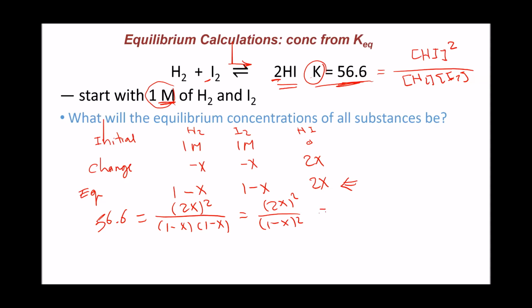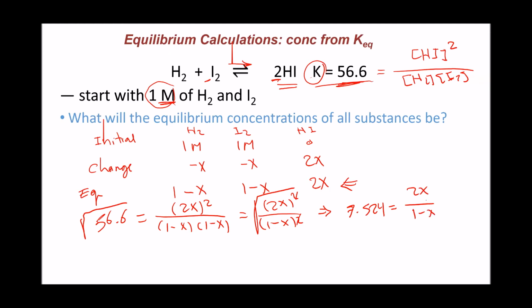And you can simply take the square root of this. The square root is going to cancel the two powers. The square root of 56.6 is 7.524, which is going to equal 2x divided by 1 minus x.